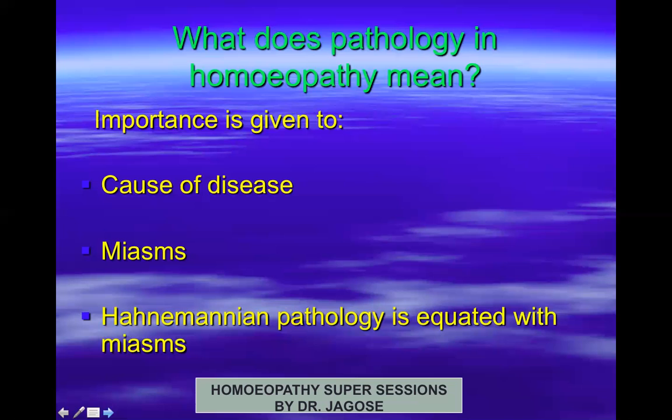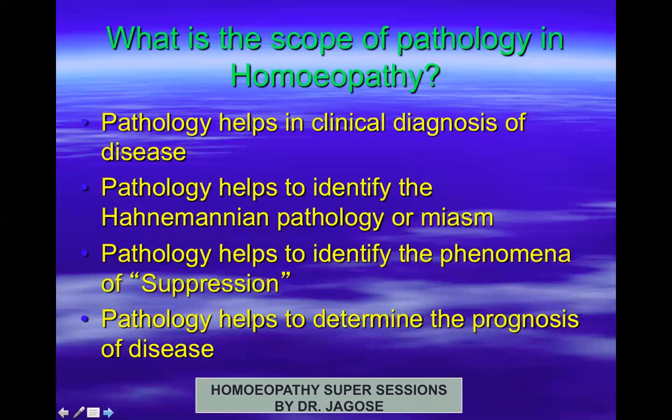It will not be able to cure the patient. It will just help to temporarily give some relief. So in such cases, you can palliate. So the Hahnemannian pathology is nothing but the miasms, to which it has to be equated. So different pathologies can be equated to different miasms. We shall see that as we move further.